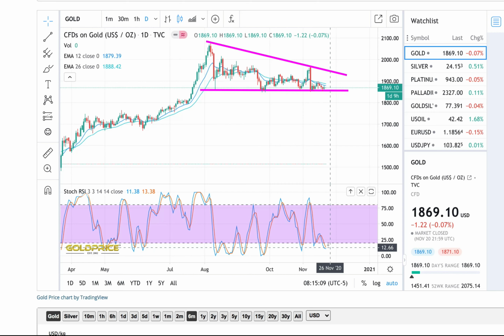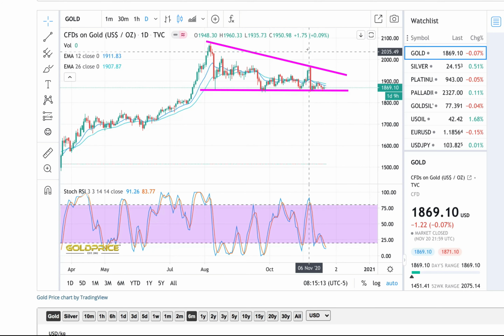The other case where the price of gold can go up, and it's not a very nice scenario, is if there is a large-scale conflict in the United States.